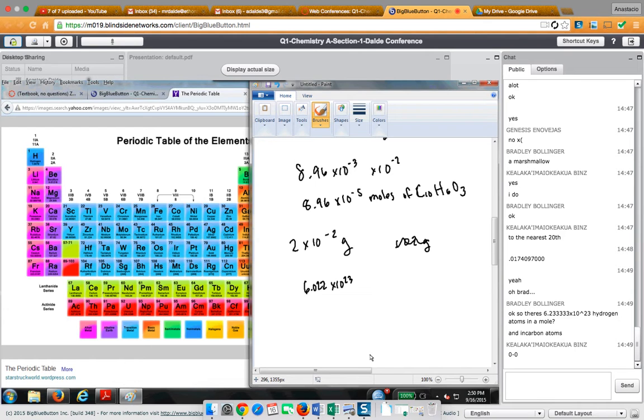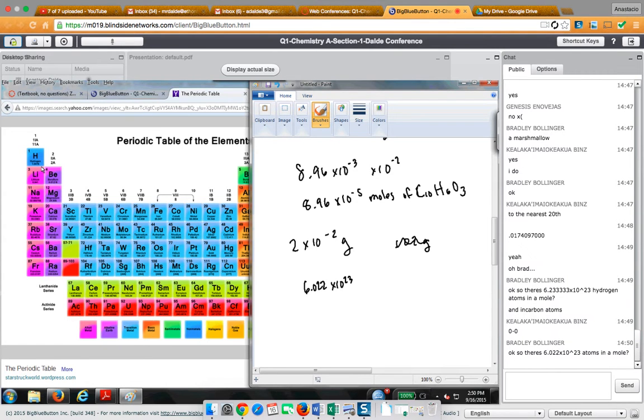Well, you would measure out exactly 1.0079 grams of hydrogen, and that's how you know how many atoms there are in there. You know that there is exactly 1 mole, which consists of 6.022 times 10 to the 23rd atoms of hydrogen. Right.